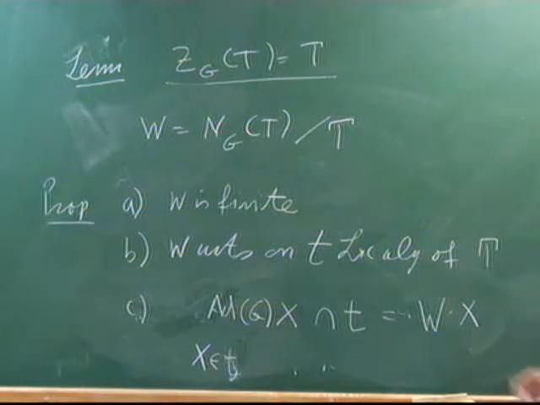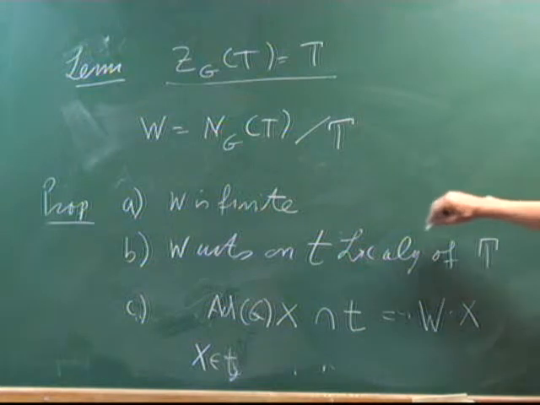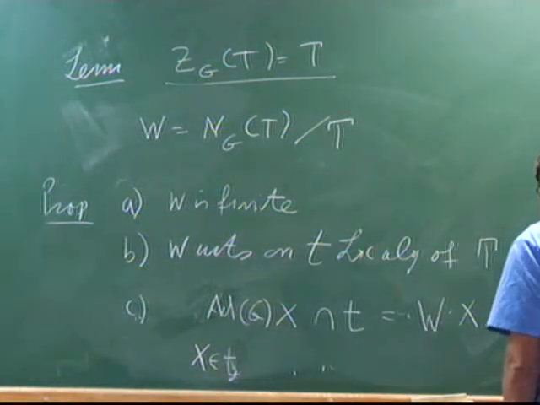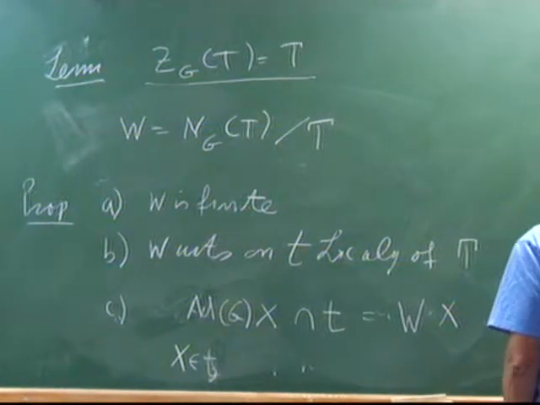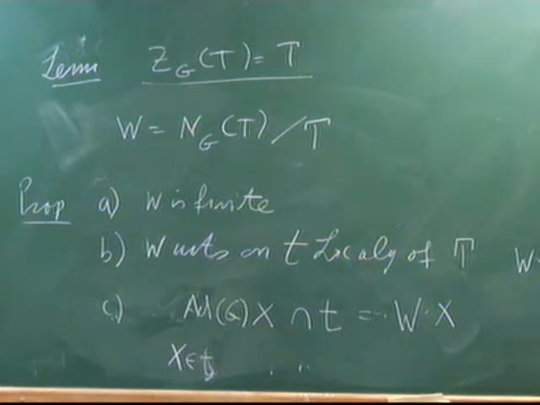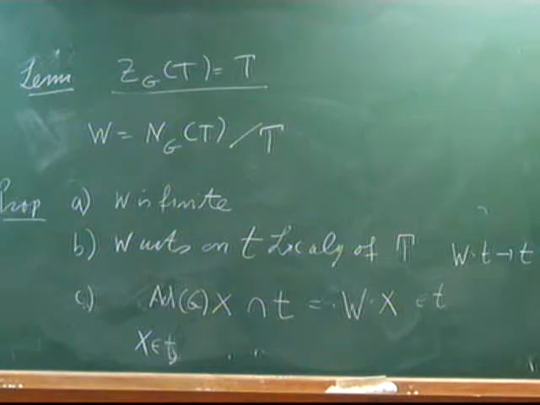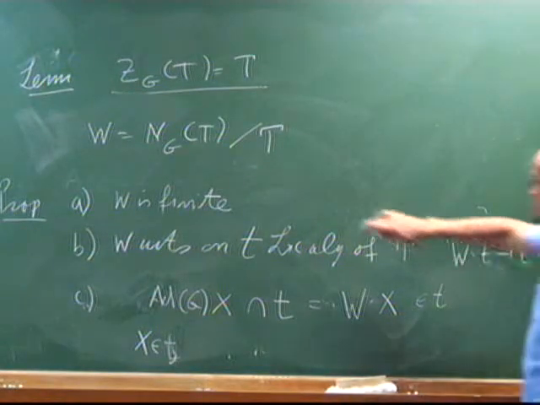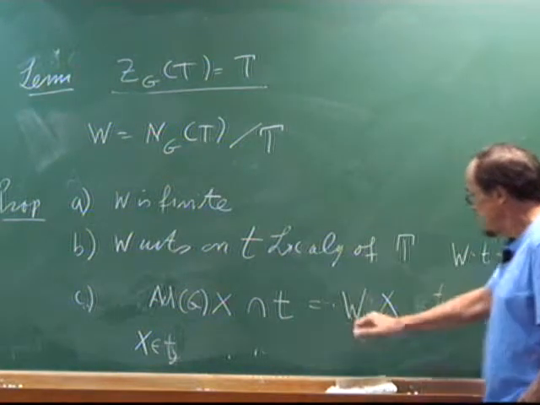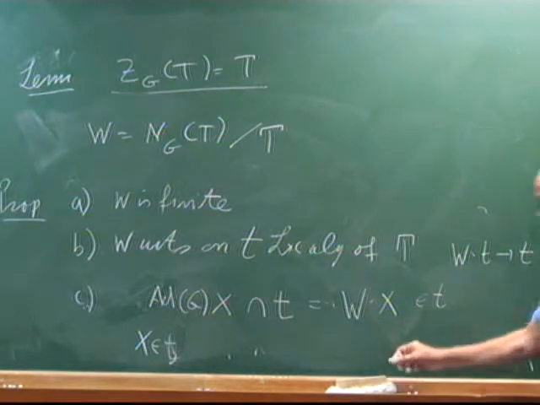So x lies in T. This here claims that W preserves T. Right? So W goes from T to T in the Lie algebra. And so this here also lies in T. It's an orbit inside T of the vector x in T under this finite group. W is finite, so that means in particular this set is finite.